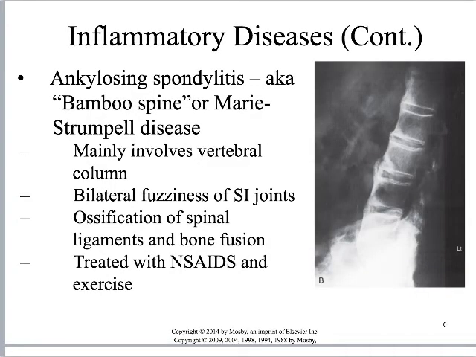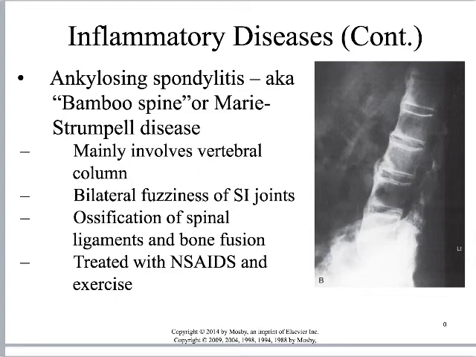Ankylosing spondylitis is sometimes also called bamboo spine or Marie-Strümpell disease. This mainly involves the vertebral column, although as the bone is demineralized, the calcium deposits can wind up in other parts. What we're seeing is demineralization of the spine, and the calcium is going other places, like into ligaments or into joint spaces.